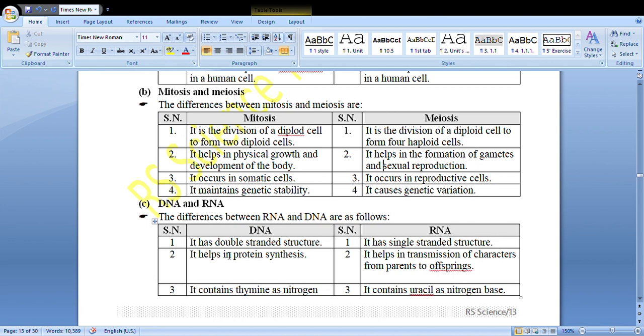Difference between DNA and RNA. DNA has a double-stranded structure. RNA has a single-stranded structure.